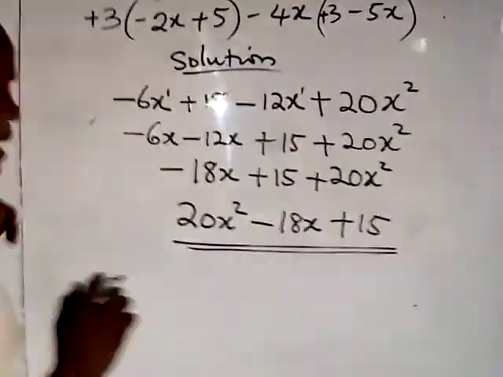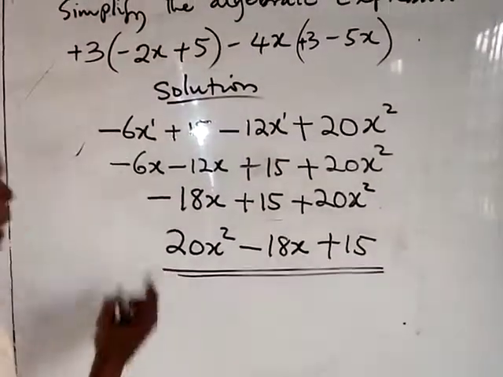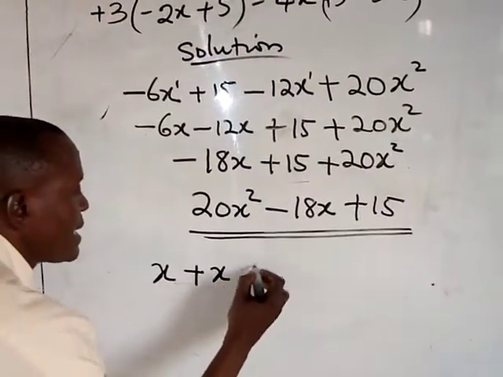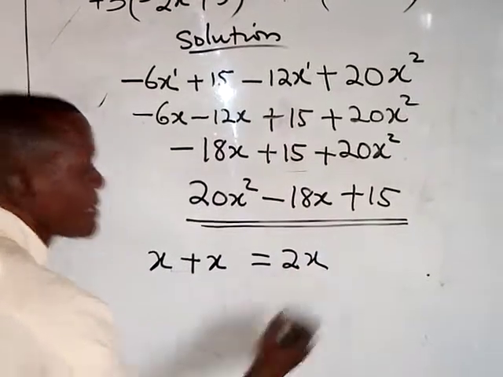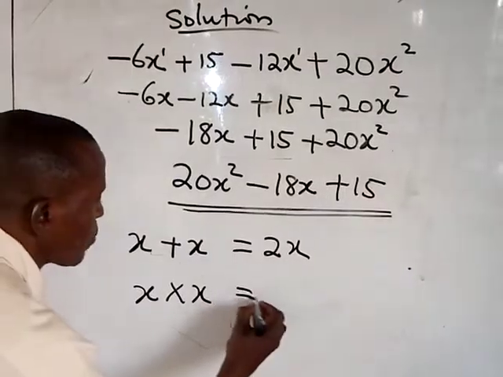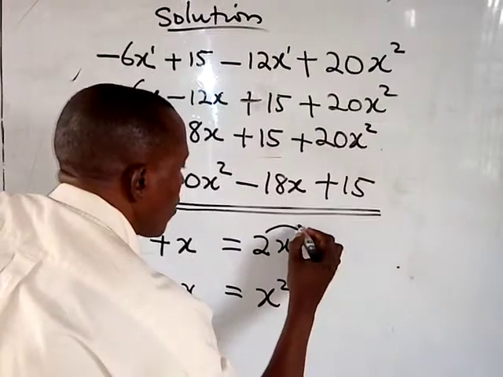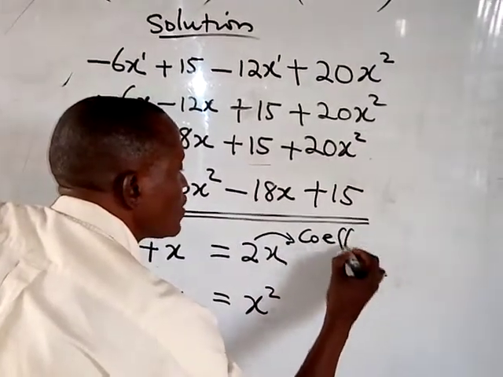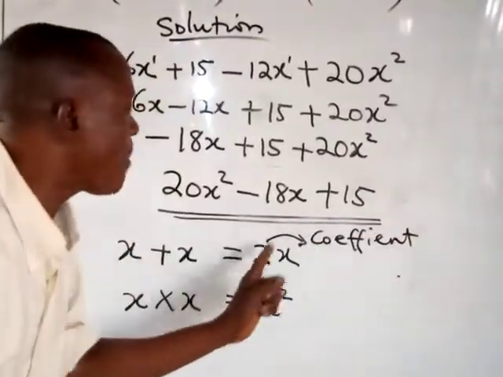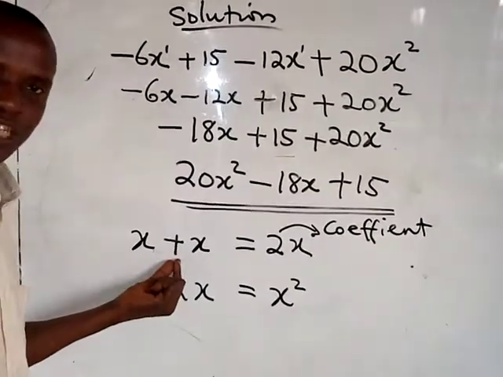Now, I want to clarify something. The concept of coefficient and power. When I have x plus x, this is equal to 2x, but x times x is equal to x squared. This 2 that is here is called the coefficient. What is a coefficient? Coefficient is the number of the unknown, and it comes up as a result of addition.